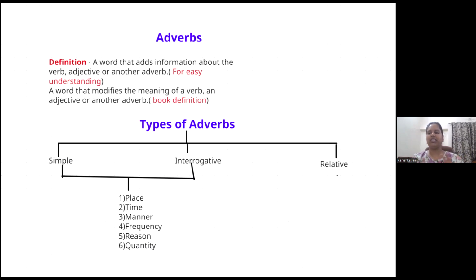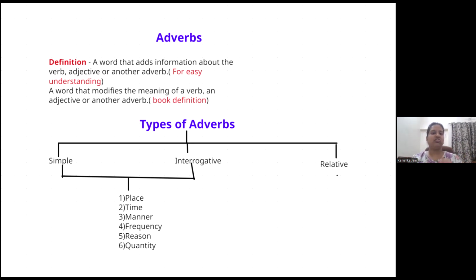Though it seems complicated, it's not. Anything that describes something, adds or negates. As I've used the word add, and now I'm saying negate also, adding -1 to something is also adding up. So keeping that in mind, let's say anything that adds or negates information in the verb, adjective, or adverb is adverb.